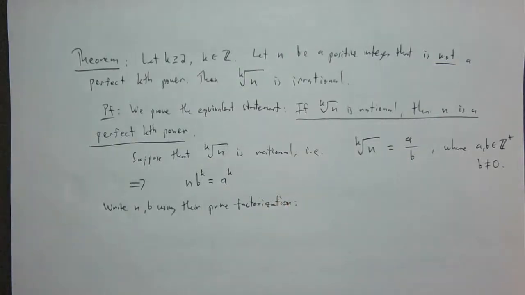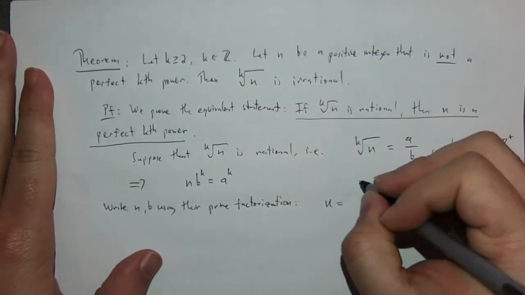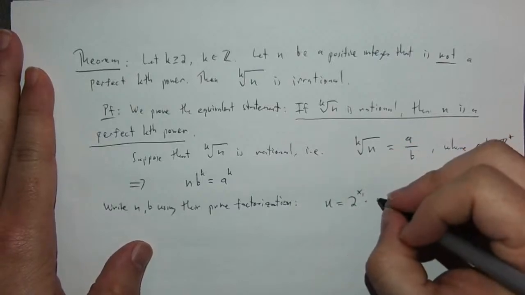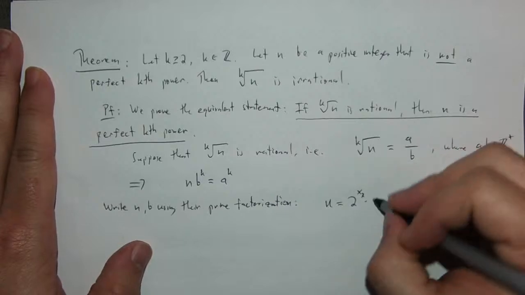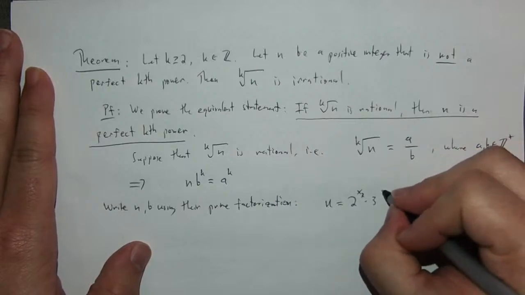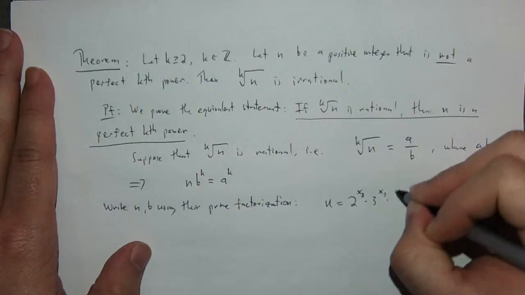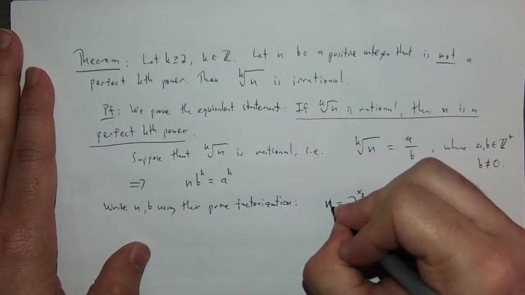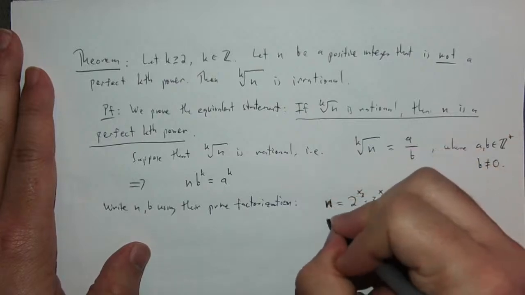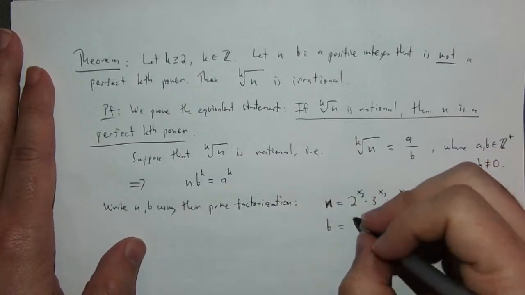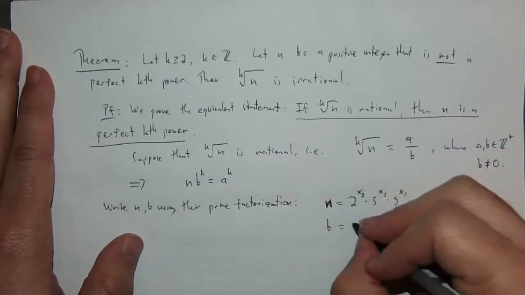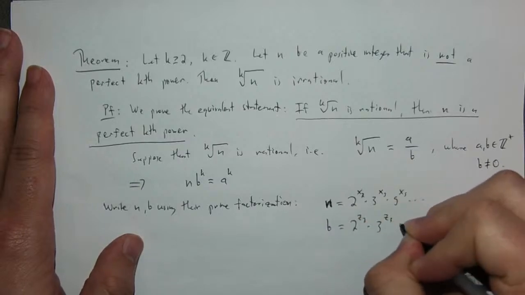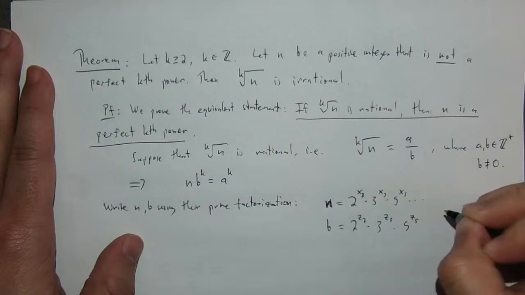So say that we've done that, and n is 2 to the x sub 2 times 3 to the x sub 3 times 5 to the x sub 5, and so on. I don't want to keep track of which prime I'm at. And b, similarly, is 2 to the z sub 2 times 3 to the z sub 3 times 5 to the z sub 5, and so on.